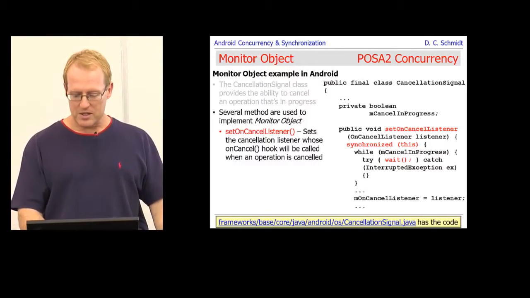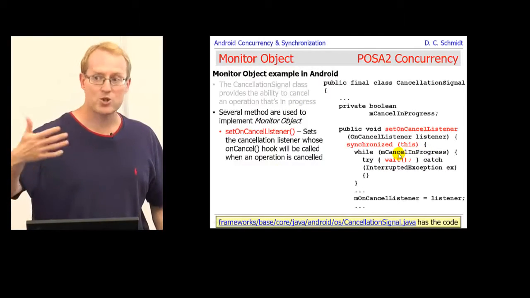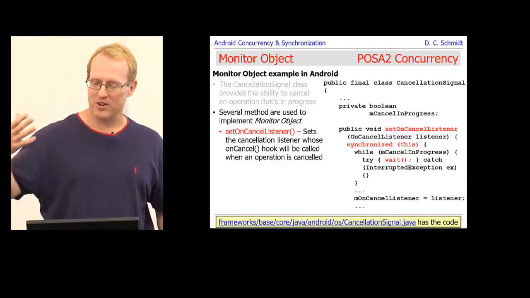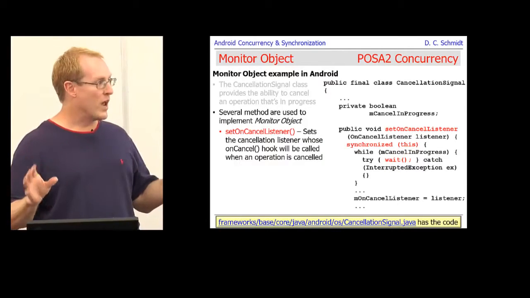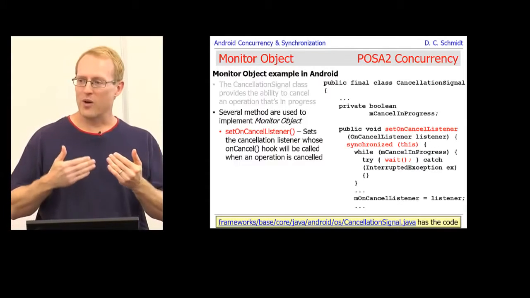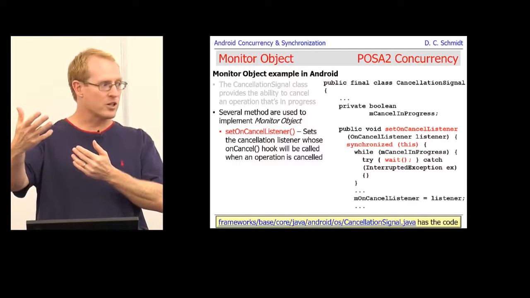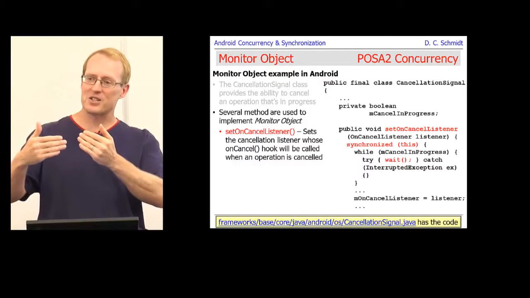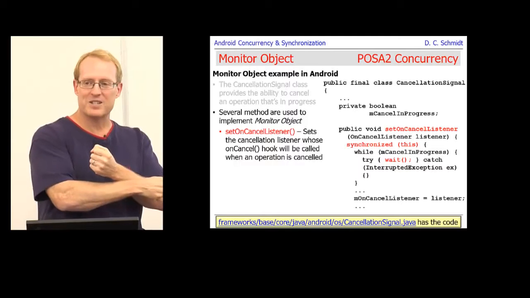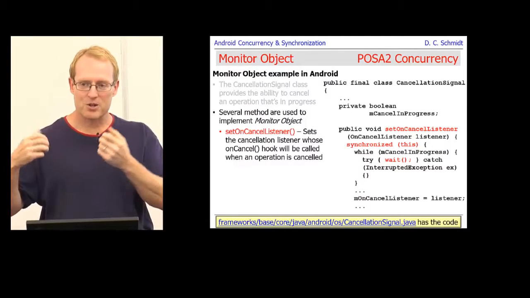So what it does is it comes in here, and it goes ahead and synchronizes. And then it says, while someone is trying to cancel this particular operation, wait, because we don't want to change anything while we're in the middle of canceling. Remember, this method is going to set a cancellation listener, and if there's already a cancellation taking place, we don't want to rip the cancellation listener out from underneath what's already there and replace something else, because crazy things will happen.